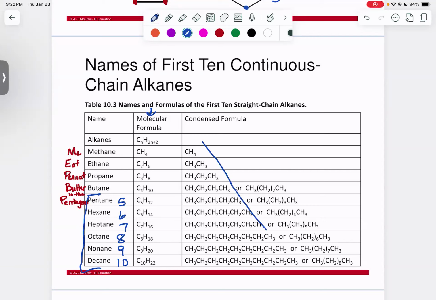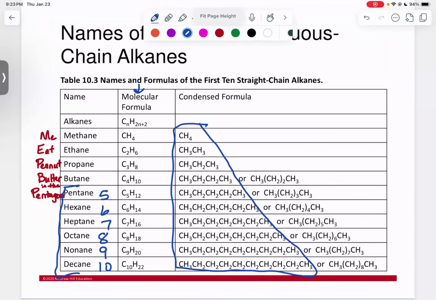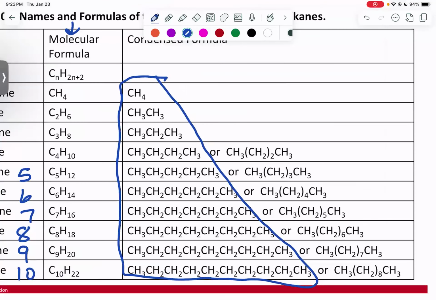This is the condensed formula that we've been talking about so far. But you also have to understand that when we look at, let's zoom in a little bit, a condensed formula where we have 2 things that repeat, we can write that in a more condensed formula. I know, ridiculous, right? You have a CH3 on the end, a CH3 on the other end, and then you have 2 CH2s.